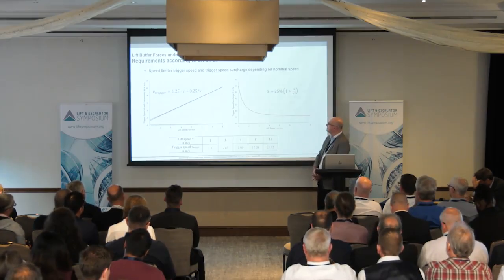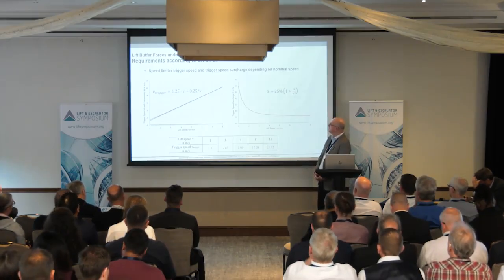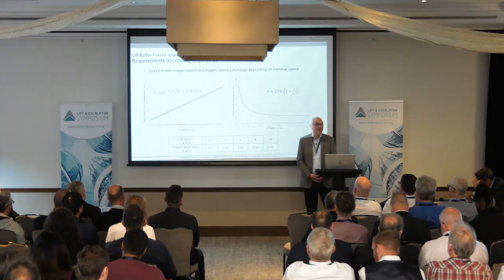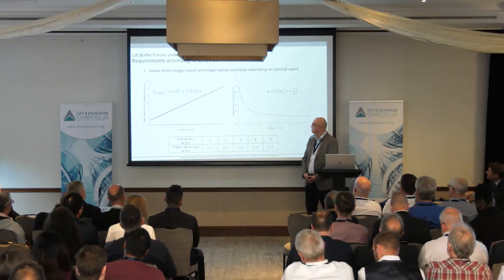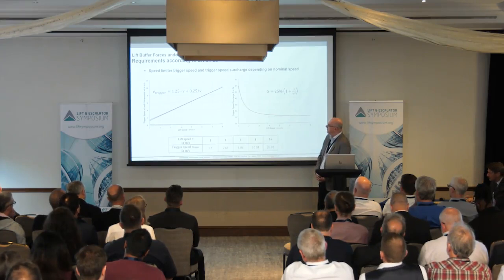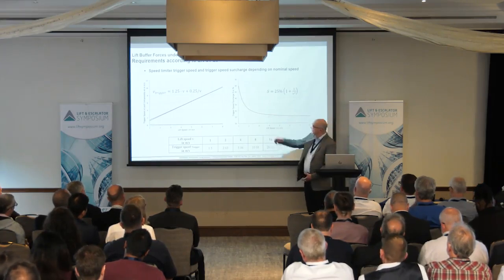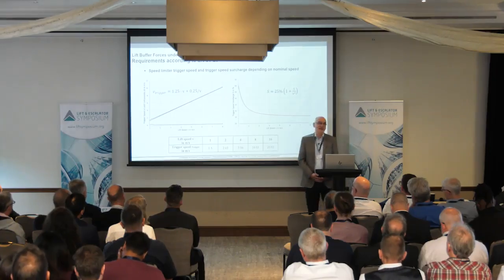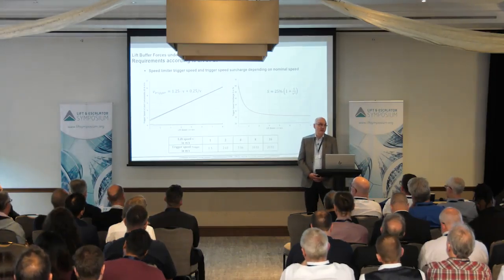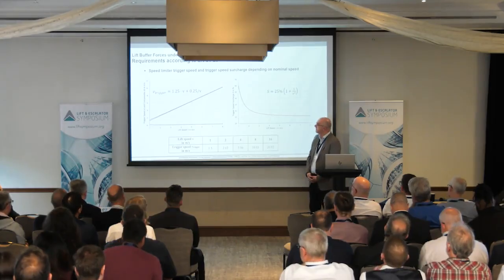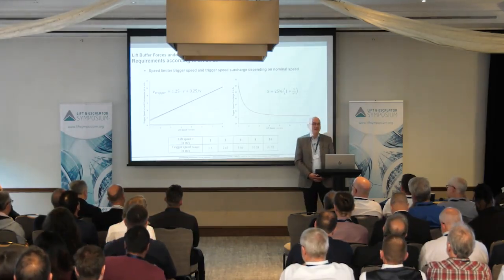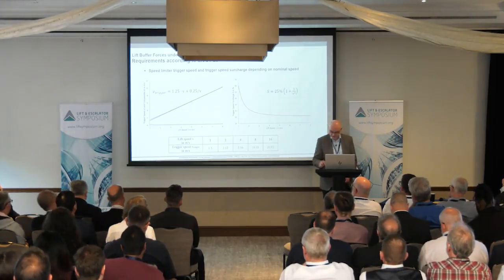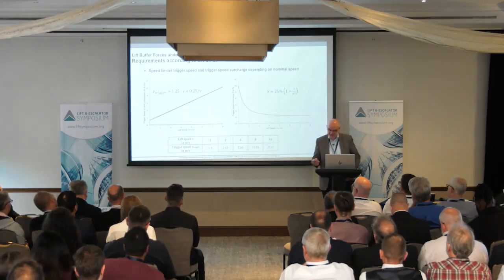Analyzing the standard, you can calculate the speed at which your speed governor has to act, and you get some trigger speeds you can see on the left-hand side. For faster lifts, this more or less means 1.25 times the nominal speed is the triggering speed of the speed limiter. For smaller lifts, it's even more.